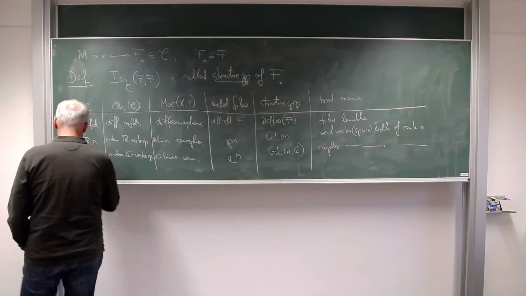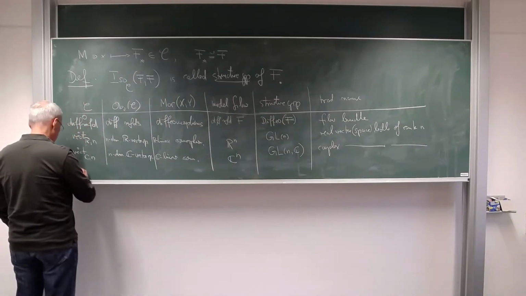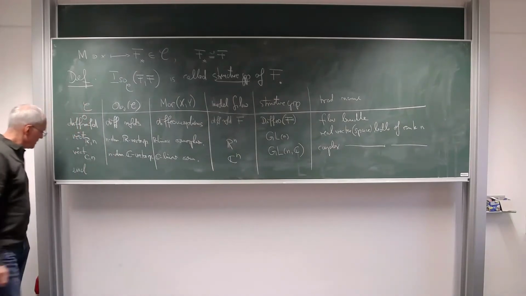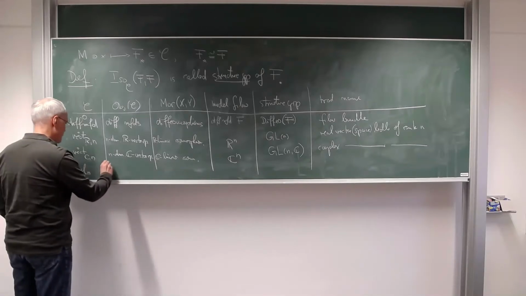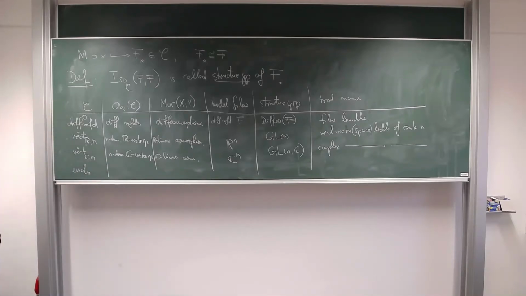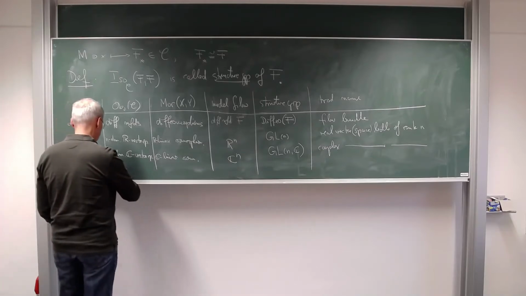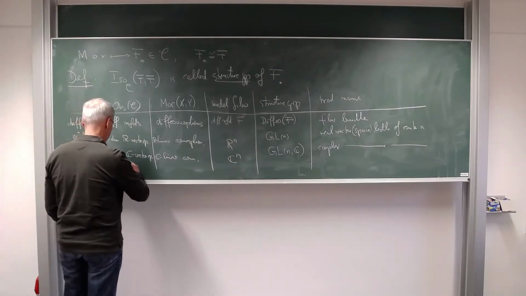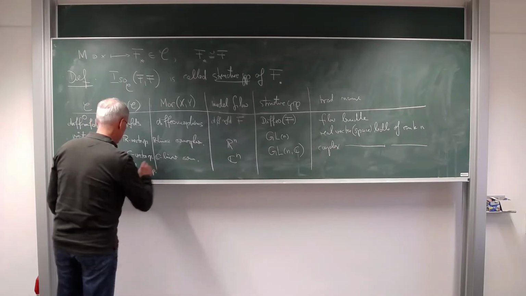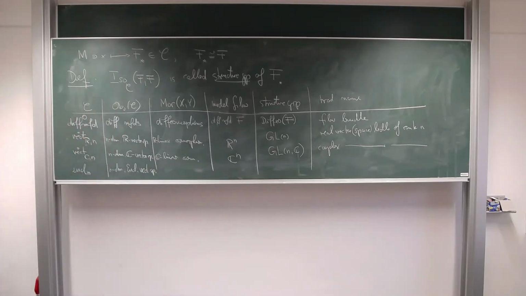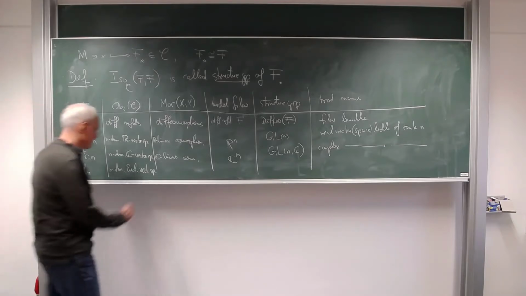So for instance, we could look at the category Euclid n. In this case, the objects are n-dimensional Euclidean vector spaces. So it's an n-dimensional real vector space equipped with a scalar product. That's a Euclidean vector space.